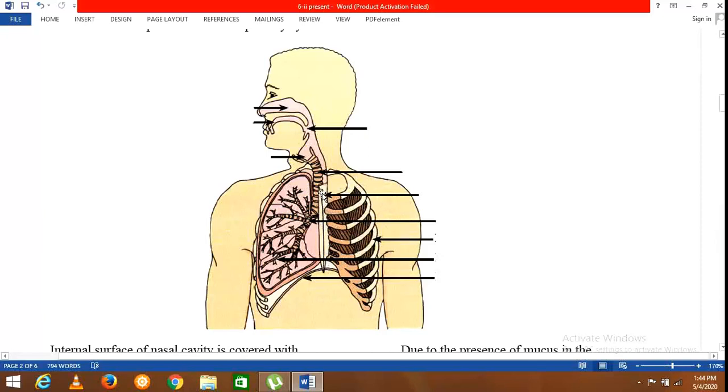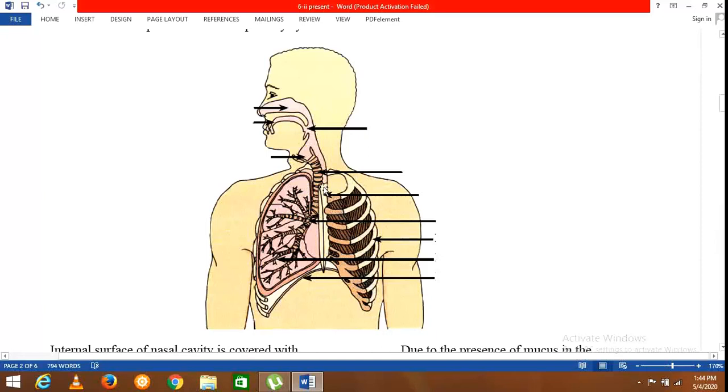This bony structure is known as the sternum, in Sinhala Urathalaya. Ribs are connected to the sternum by cartilages. These are cartilages. In between the ribs there are muscles. These dark brown color ones with strips are known as intercostal muscles.